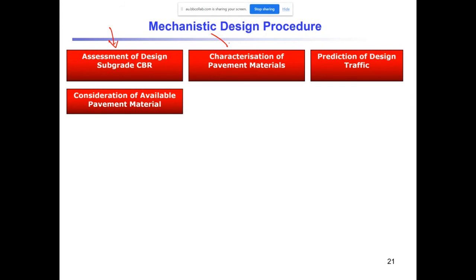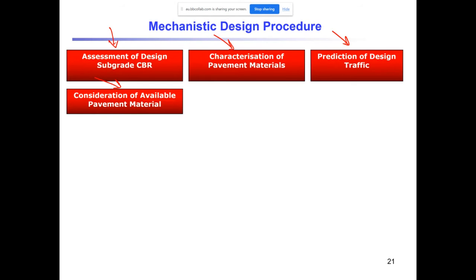After that, you can predict the traffic, the design traffic. Then you need to decide about the material you are going to use, conduct some tests in the laboratory to determine the material parameters for those materials.